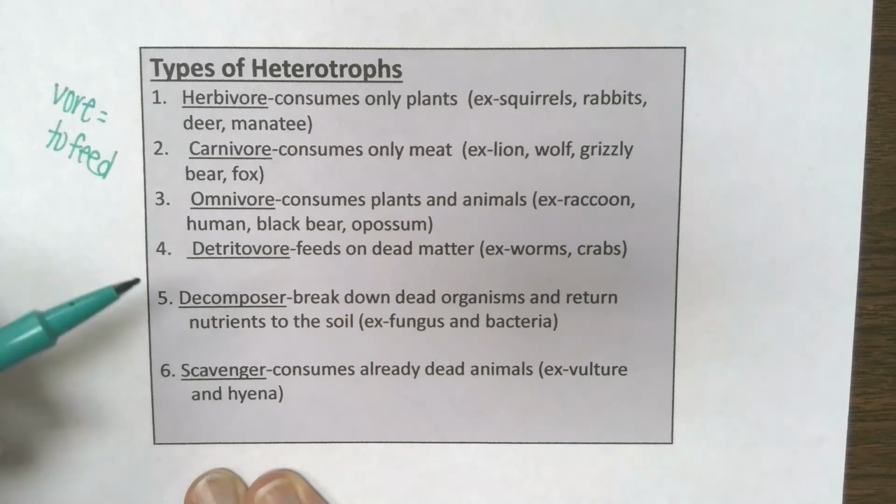I'm going to skip detritivore for a minute and go to decomposer because that's one that you should know. So decomposers, again, are only fungus and bacteria. They break down dead organisms and return nutrients to the soil. They're going to break those down externally and then absorb the nutrients into their body.